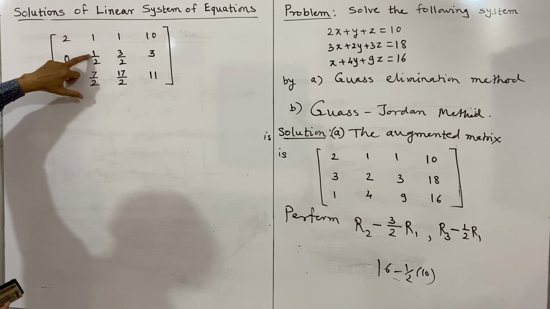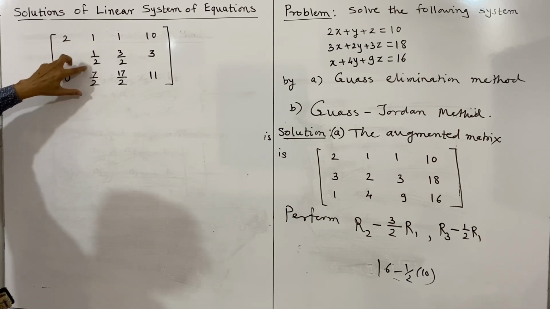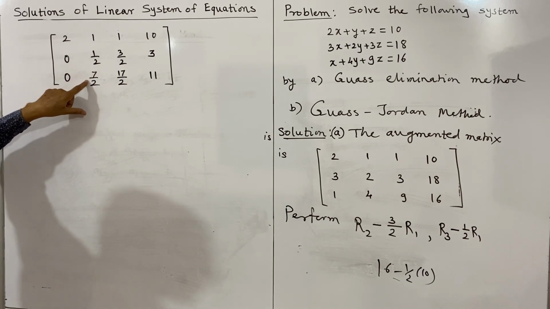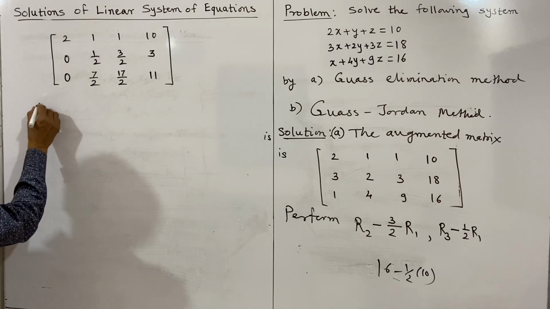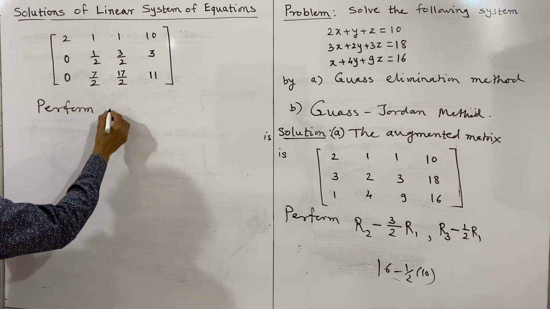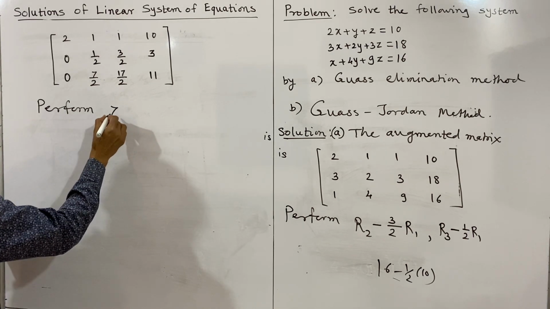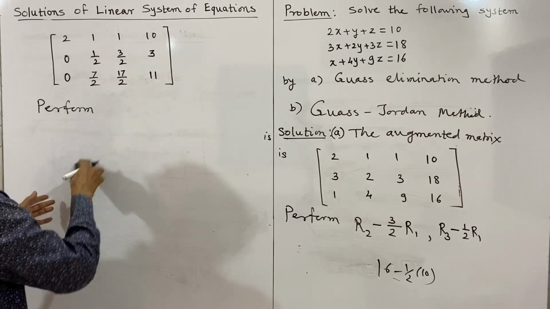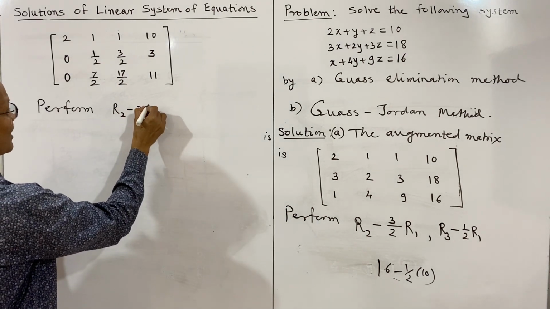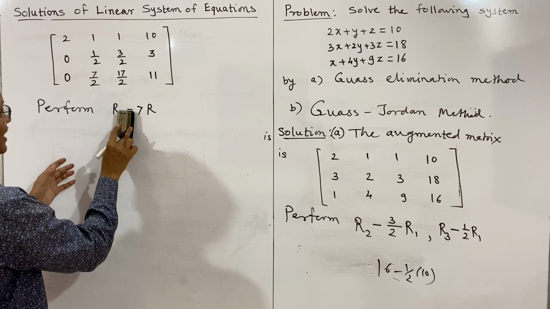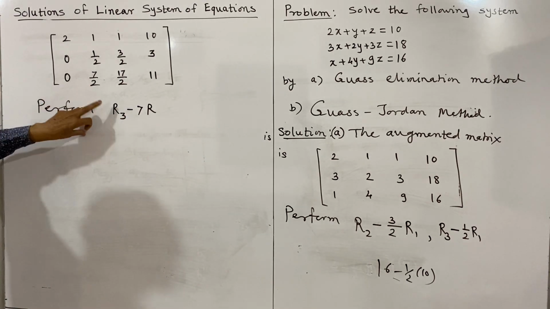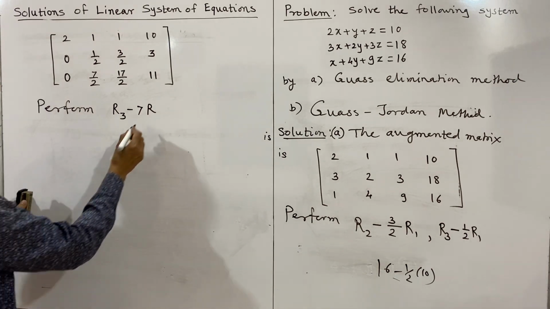So if you multiply this by 7, the element becomes equal, means 7 times R2, and then subtract from R3. So the transformation is performed: third row will change, so R3 minus 7 times R2.